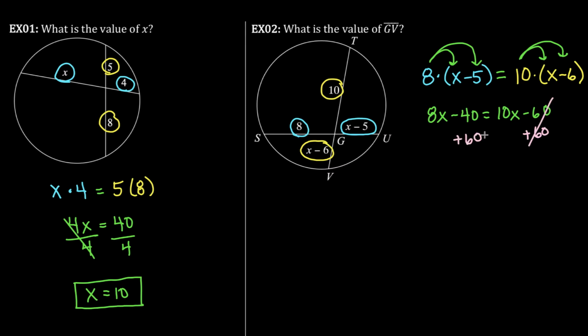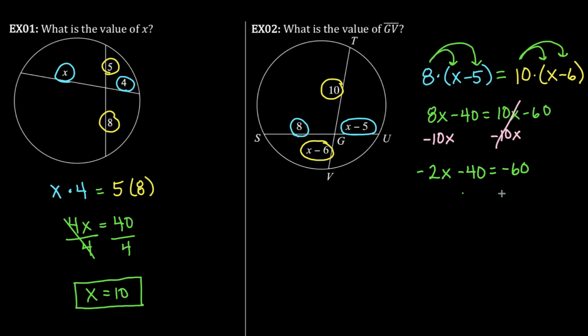Sorry about that, let's take away the x's so we have x's on one side. My bad. So negative 2x minus 40 equals negative 60.